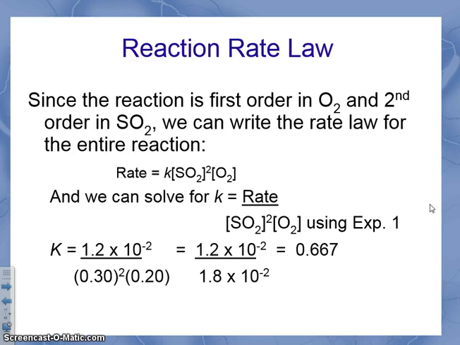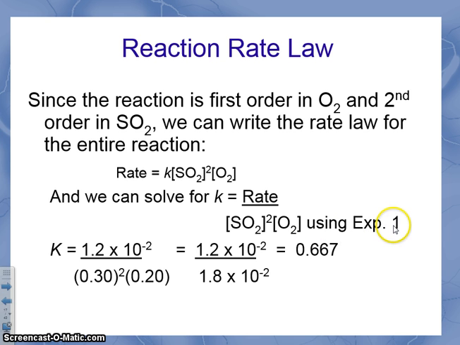Now, since the reaction is first order in oxygen and second order in SO2, we can now write the overall rate law for the entire reaction. It is K times the sulfur dioxide concentration squared times the oxygen concentration. We can then solve for K. That's the rate divided by the square of SO2 concentration times oxygen.